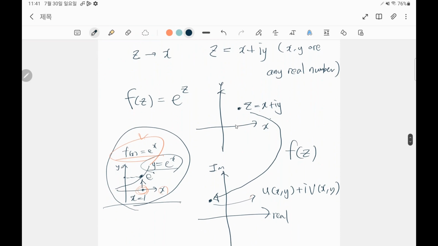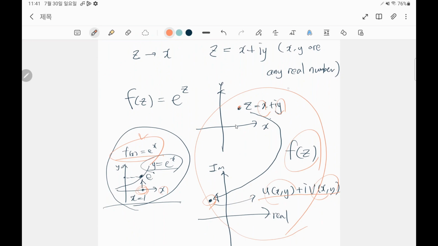This is a brief explanation of what a complex function is. You have a z variable, which is x plus iy, where x and y are real numbers. You put it in a complex function, and it spits out another complex number, u plus iv, where u and v are real-valued functions of x and y.